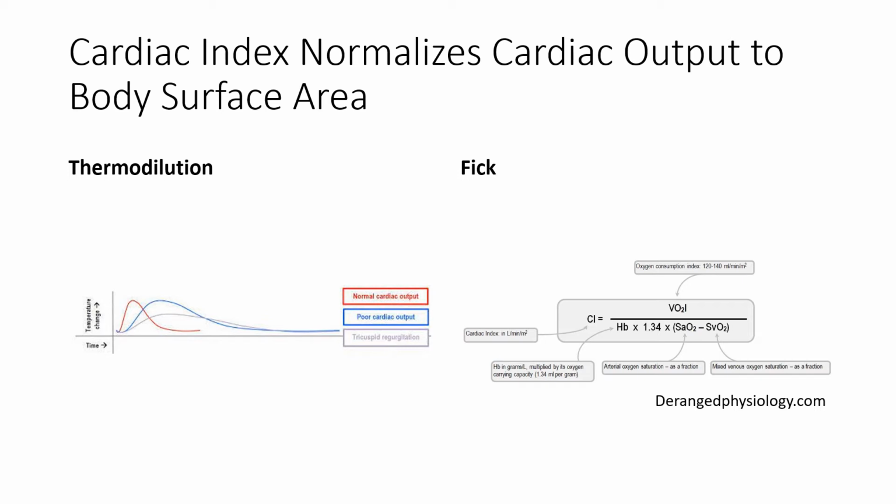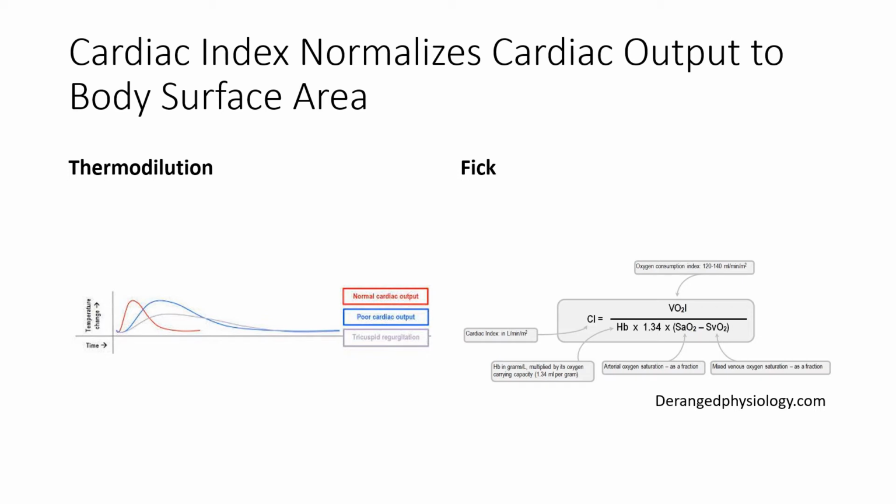The Swan-Ganz catheter has a port. You could imagine that you have a cold can of soda, right? And you have it in the right atrium, and it's traversing through to the pulmonary artery. Anytime you have a cold can of soda passing through any kind of substance that's warmer than that, you can expect that the can of soda is going to get warmer.